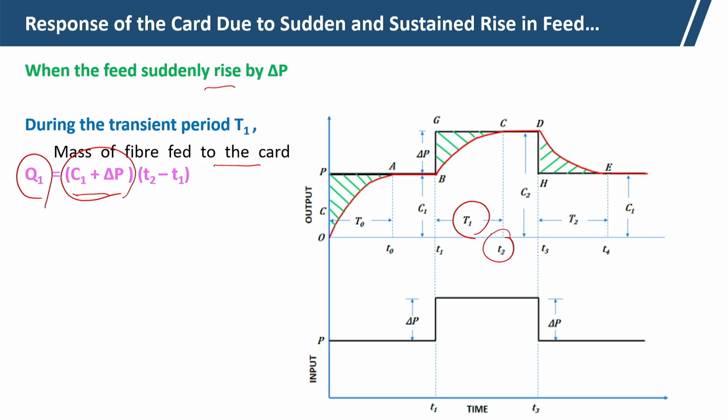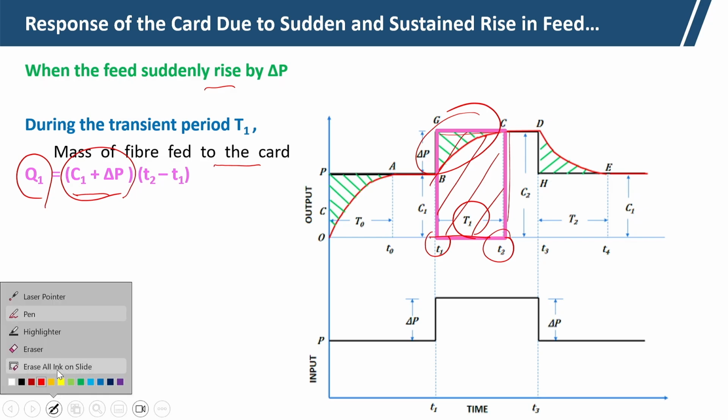Say T2 minus T1. During this time, the mass of the material fed is C1 plus delta P per unit time multiplied by this time, which is the total mass fed to the card. So you can see the total area of this rectangle is the total mass of the material fed to the card.